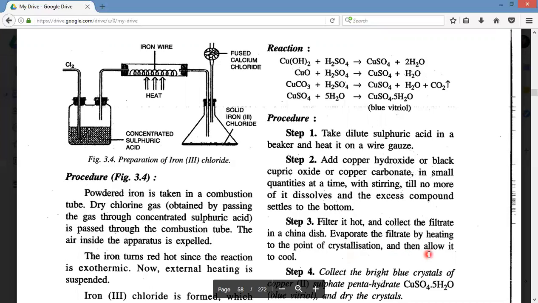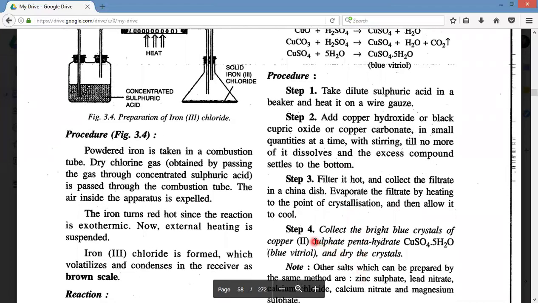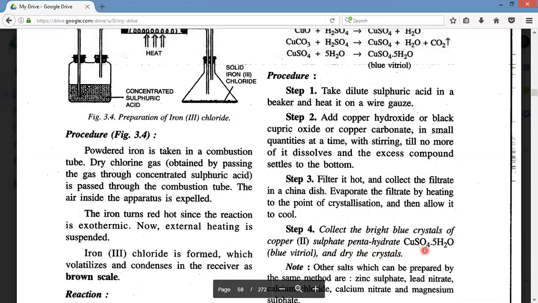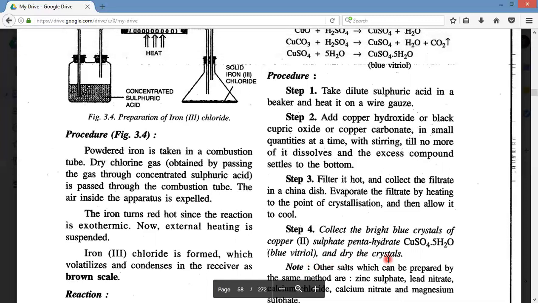Then stop heating and allow it to cool on the water bath without disturbing. What you will see in step number 4, it is clear. You will see the bright blue colored crystals of copper sulfate pentahydrate, which are further dried with the help of a filter paper.